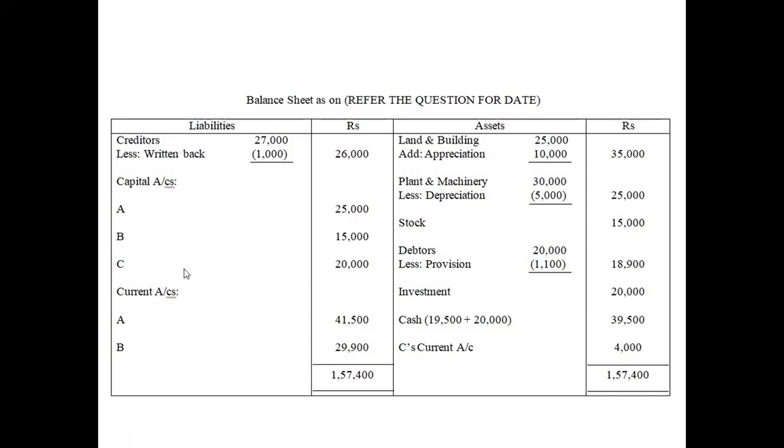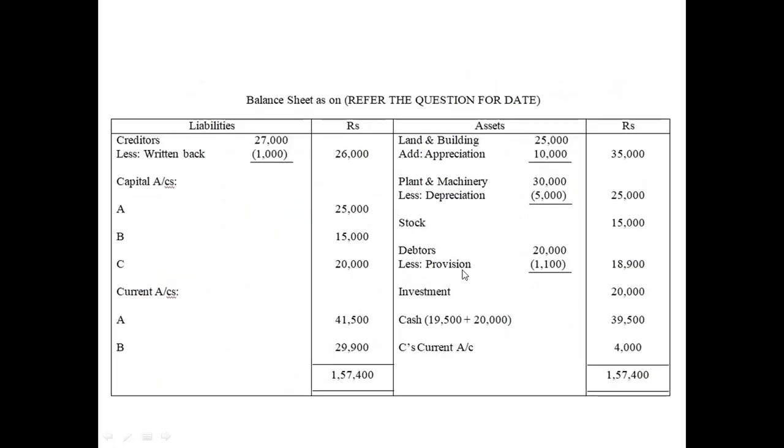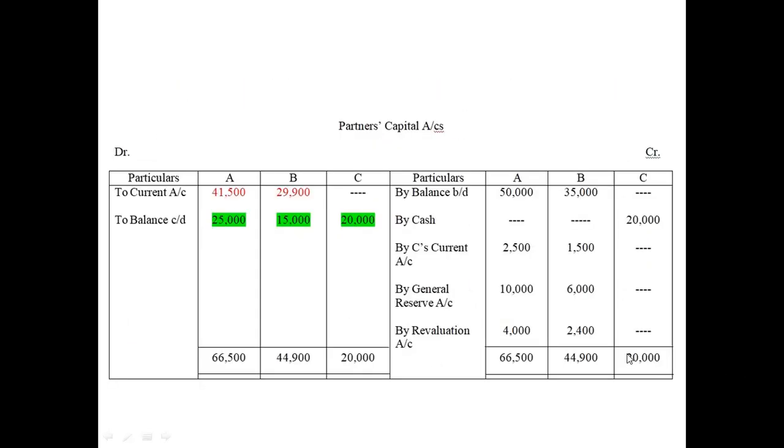Okay, you can see here current account A and B, which has been taken because these current accounts were appearing in the debit column of partners capital account. But when the current account is appearing in the credit side, it will appear in the asset column. 4,000. You can see here the total of C's current account 4,000. This is 2,500 plus 1,500. Okay, so which is very simple.